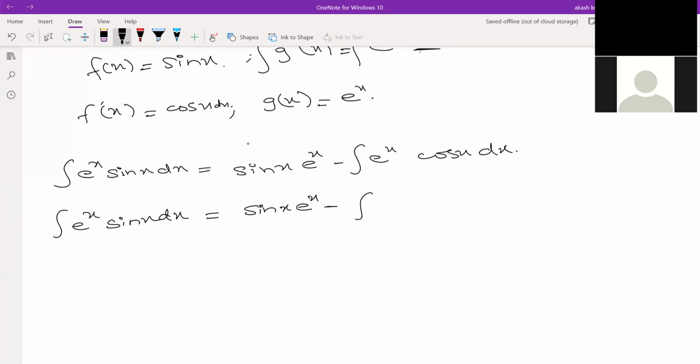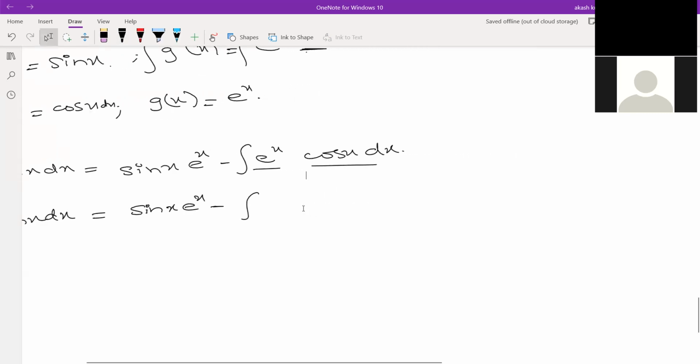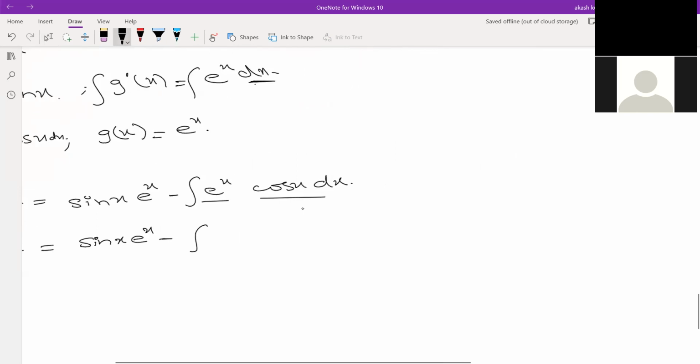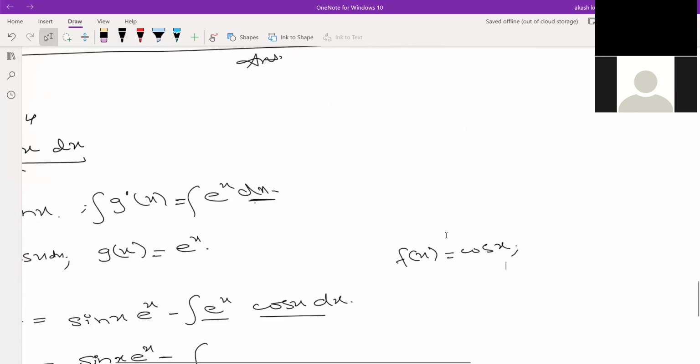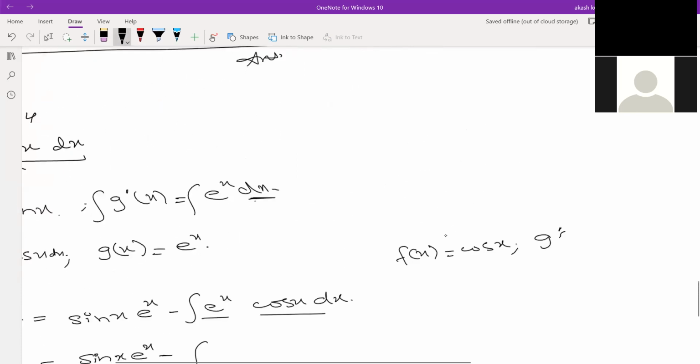Okay, again, we have two functions, ex and cosine x dx. Let's take f of x as cosine x and g dash of x as ex dx.